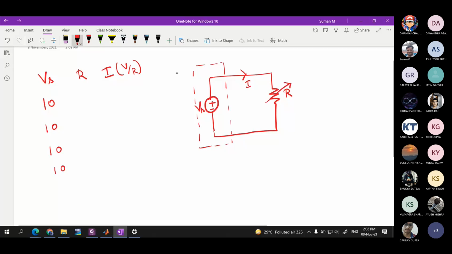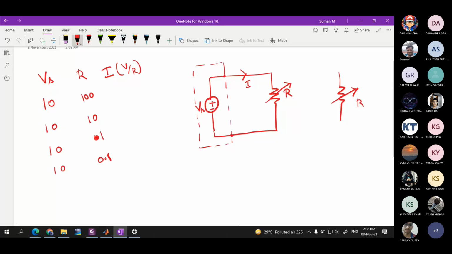I have already told you this is a fixed resistor; if you put an arrow mark like this, it is a variable resistor. We will change the resistance value from 100 ohm first, then 10 ohm, then 1 ohm, then 0.1 ohm.